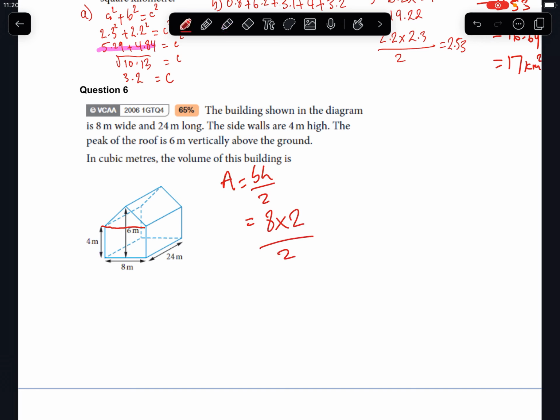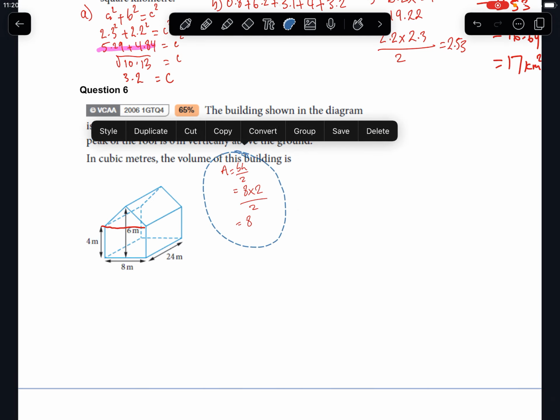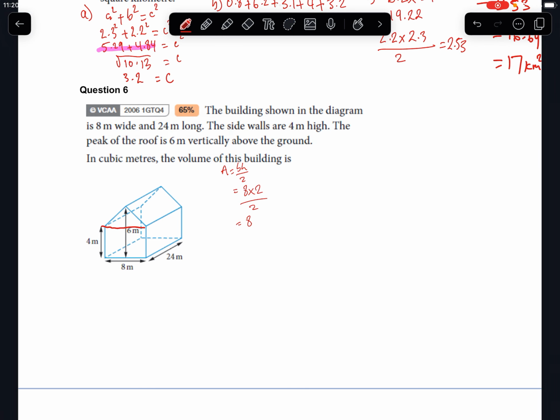So 8 times 2 is 16, divided by 2 is 8. Now the rectangle part: 8 times 4, length times width, equals 32.